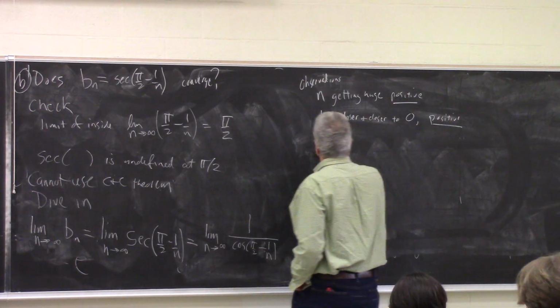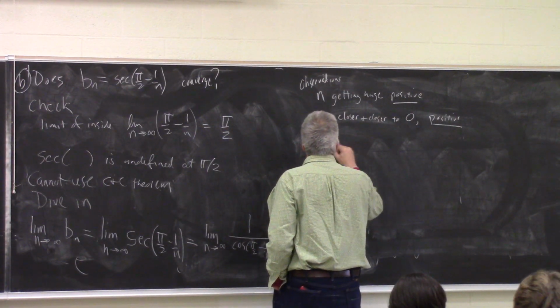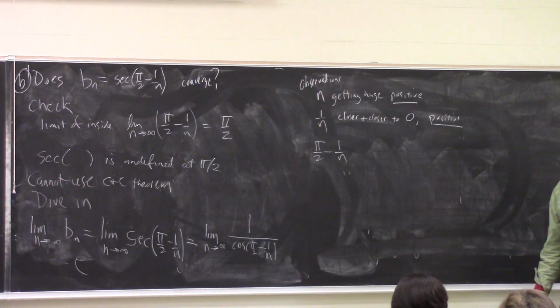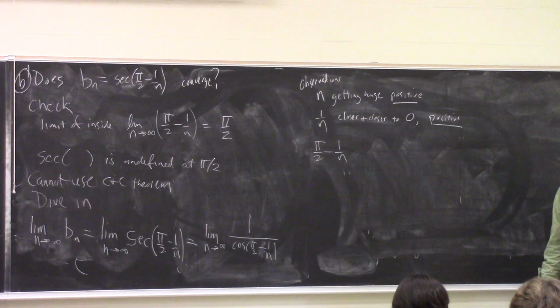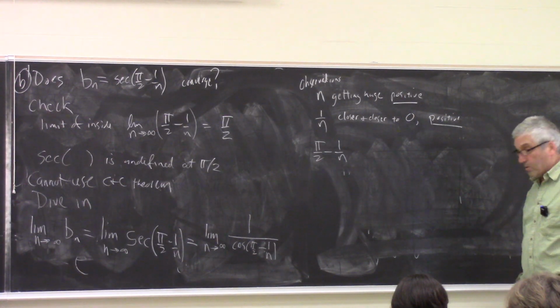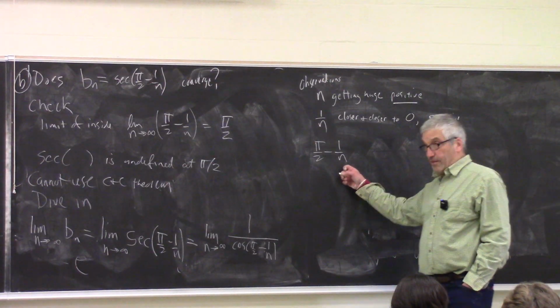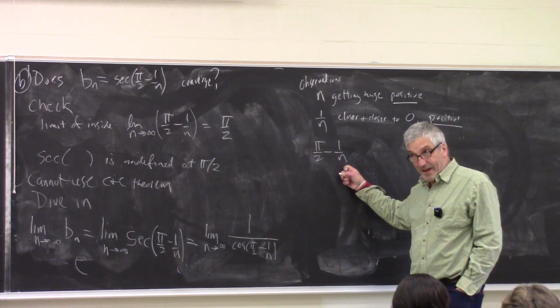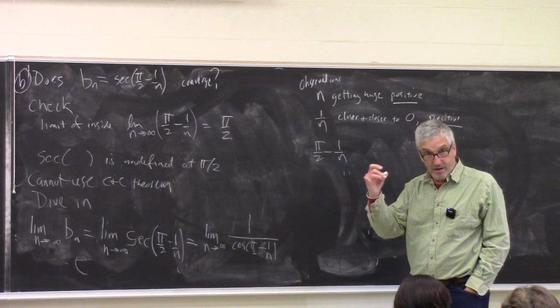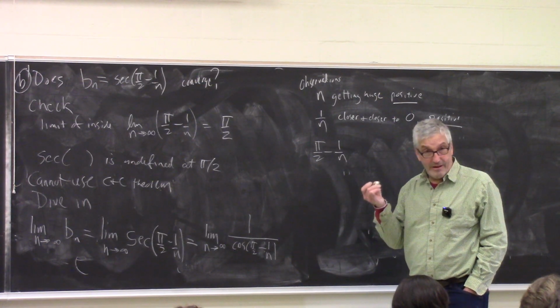Okay, so then what's pi over 2 minus 1 over n doing? Marcy? It's getting closer to pi over 2 from the right side. No, from the left side, from below. So I'm subtracting things. So all my terms are going to be less than pi over 2. So this is excellent that Marcy made that mistake, because the devil is in the details in these problems.